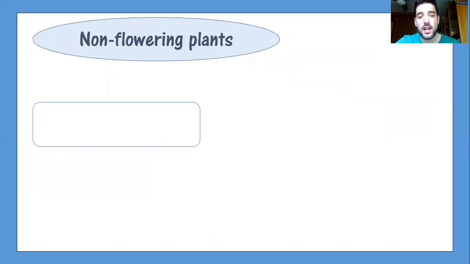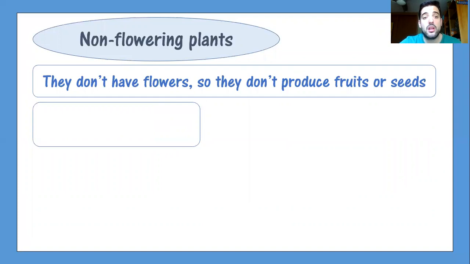Well, now we are learning about non-flowering plants. Of course, non-flowering plants don't have flowers. If they don't have flowers, they can't develop into a fruit or a cone. So they don't have seeds inside. So non-flowering plants can't reproduce with seeds. So this is the answer from before. Not all plants reproduce with seeds. So then, how do they reproduce?